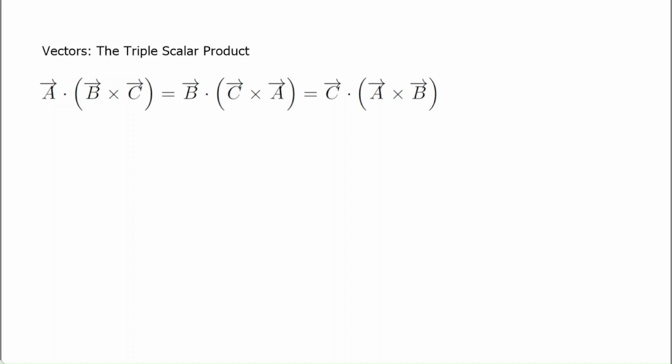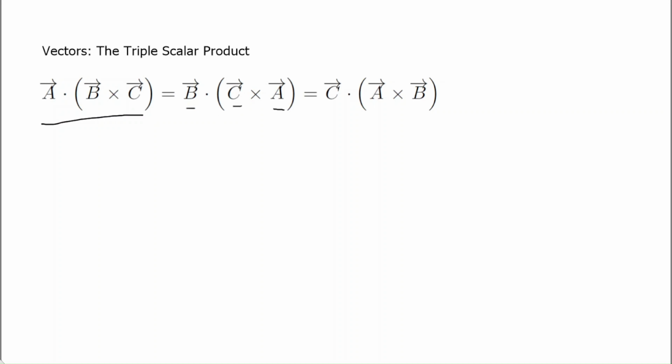And what we're going to find is that we can cycle through the A, B, and C, and we always get the same thing. In other words, as we go from this first version of the product, we can put A in the place of C in the third position over here, B in the first position, and then C in the second position.